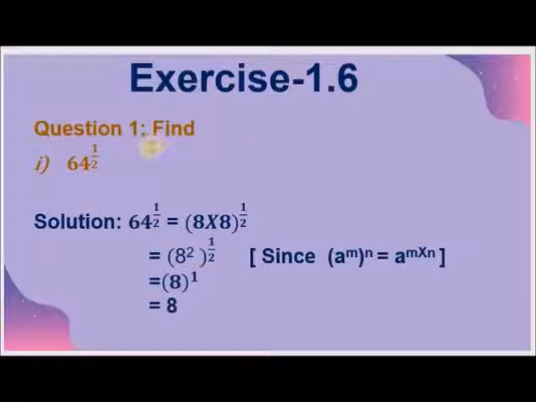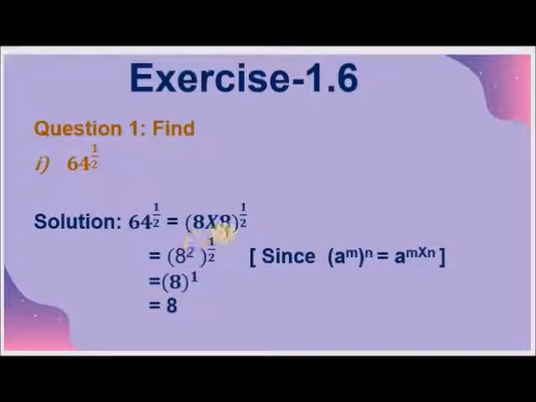Our first question is find, first part is 64 raised to the power 1 by 2. So 64 we can write as 8 into 8. Why are we writing it 8 into 8? Because if we write 8 into 8, then this becomes 8 raised to the power 2.